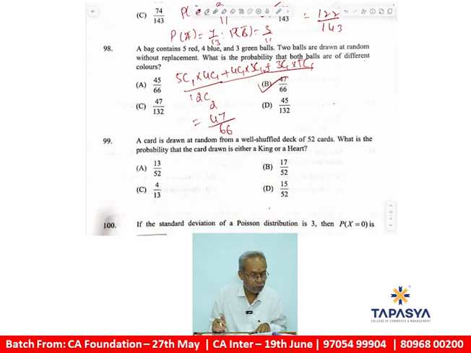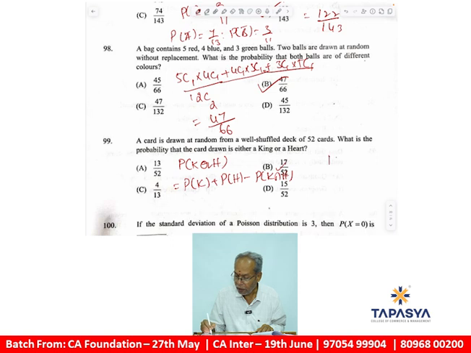Next. A card is drawn at random from a well-shuffled pack of cards. What is the probability that the card is either a king or a heart? So the probability of getting a king or a heart, by the addition theorem of probability, is P of K plus P of H minus P of K intersection H. There will be one card which is both king and heart, that is 1.